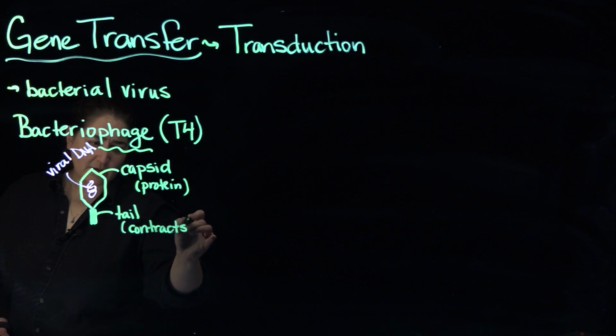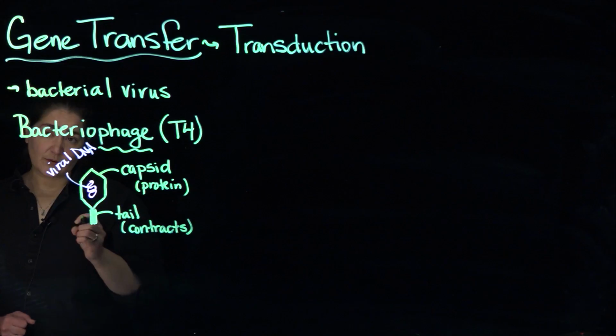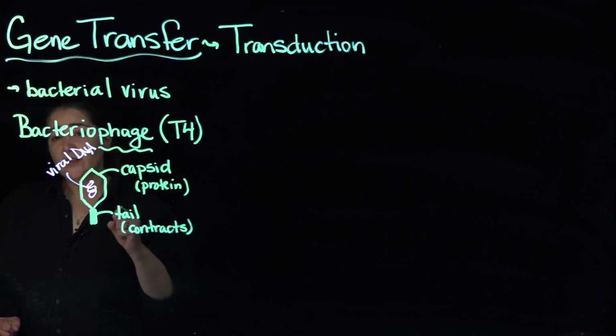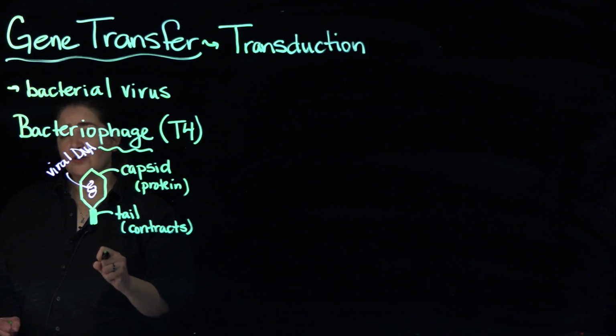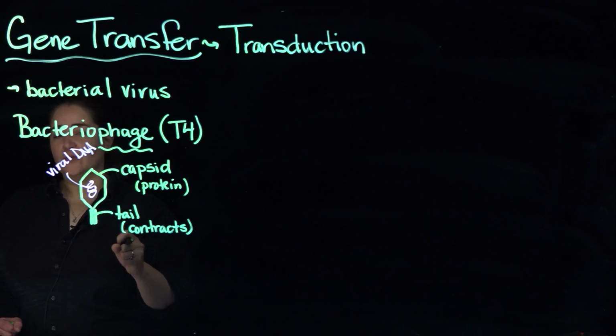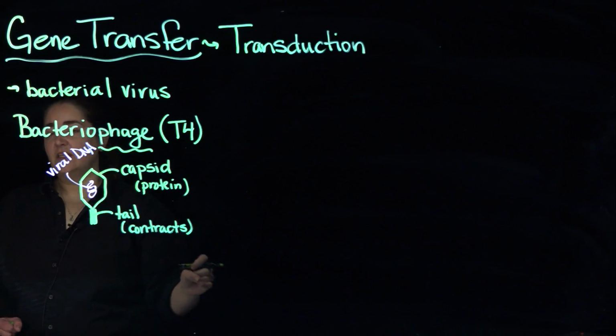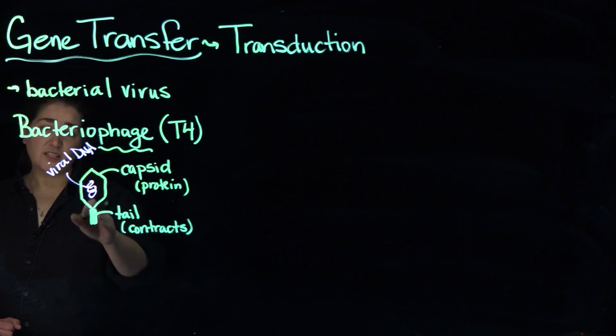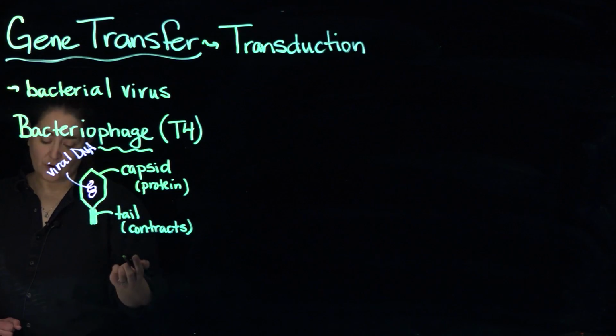And what's neat about the tail is this part of the bacteriophage has the ability to contract. That's important because what this bacteriophage is ultimately going to do is inject, kind of like a hypodermic needle, that viral DNA into the bacteria. The tail essentially is how that viral DNA will leave the virus particle.